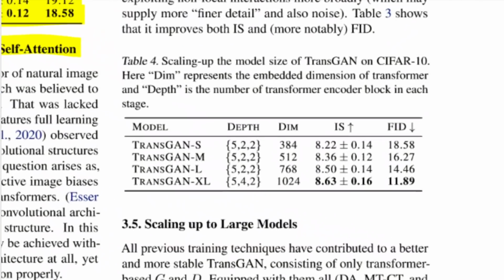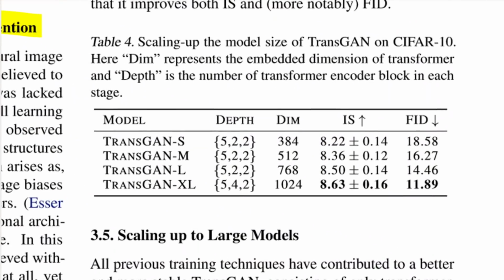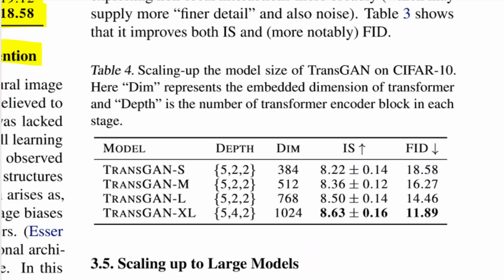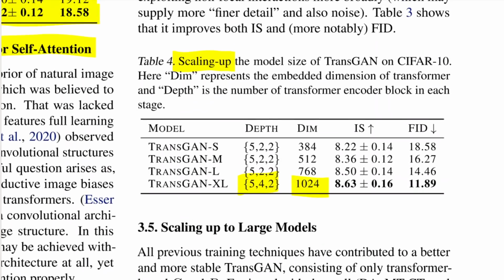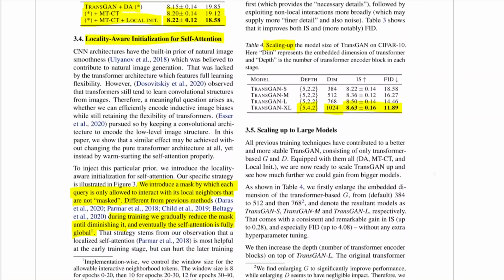All right. The last thing they do after all the tricks is, of course, what everyone does best with transformers, and that's just scaling that thing up to many layers, many dimensionalities, and I don't know if they use a lot more data. Probably not in this case, but if you had more data, it would also work better. And thereby, they do reach scores that are state-of-the-art, or at least very competitive with state-of-the-art.